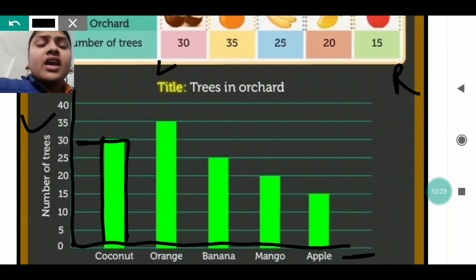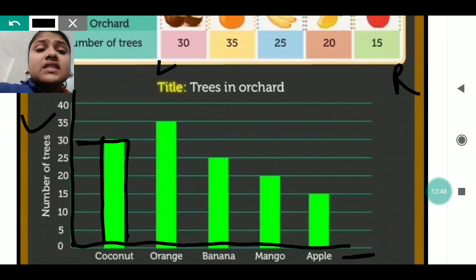In the same way you have to draw the bar till 35, that is the number of oranges. In the same way, bananas, that is 25, then mangoes, that is 20, and then last apple, that is 15. Like this you have to draw the different bars according to the number of trees given.